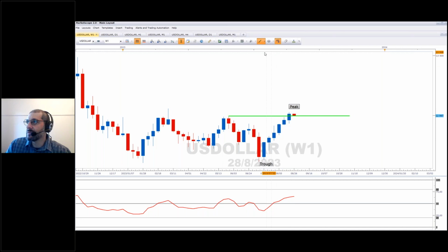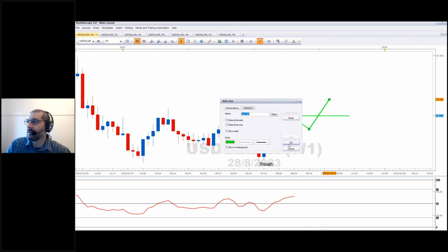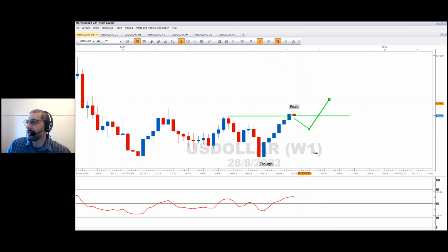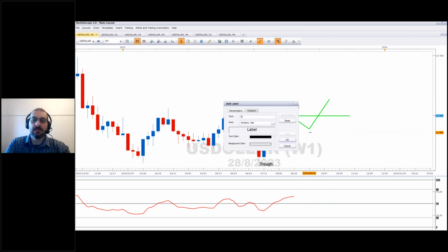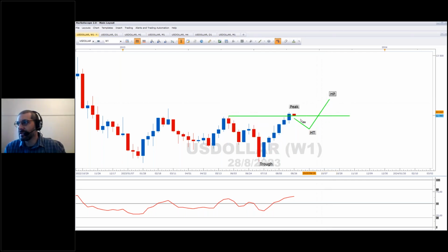But what we can do is make a supposition. If we get a pullback and a push up, then we would get the HT followed by the HP. Okay. So then there would be some sort of dollar strength. We don't have it yet, so this is sort of hypothetical.